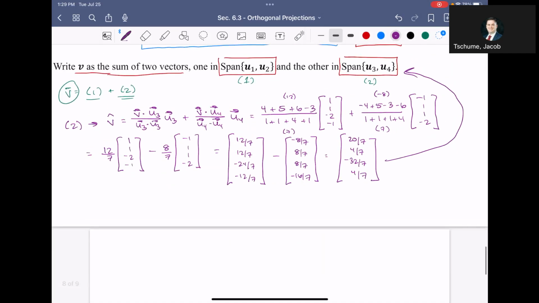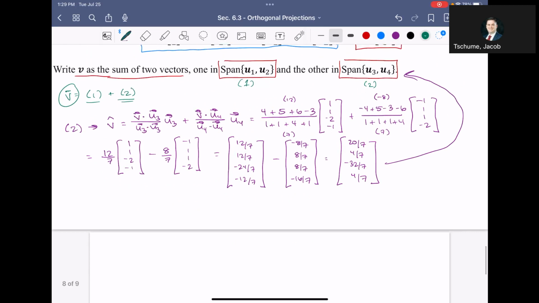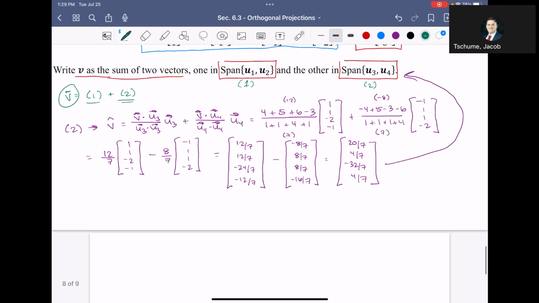All right. So now moving down, I need to find my vector 1 because I know what vector 2 is. I got this, and I know what vector v is. So rearranging that formula, we could simply say that vector 1 has to equal vector v minus what you found for vector 2. So let's solve for vector 1 that way.